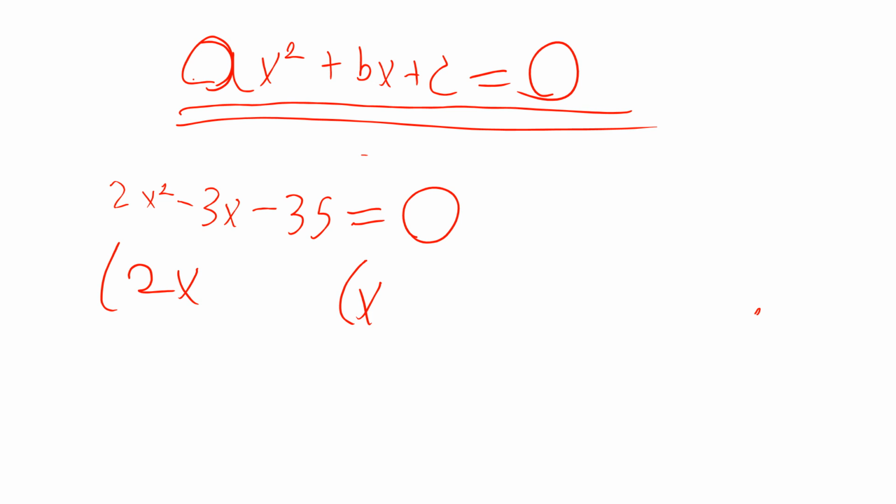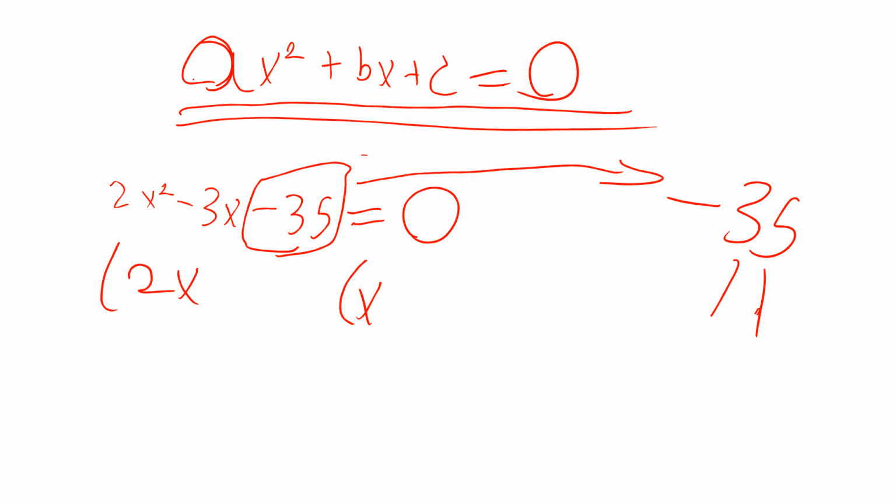And then we want two numbers that are factors of the constant term that add to the linear term. So 35, 7 and 5, 5 and 7.